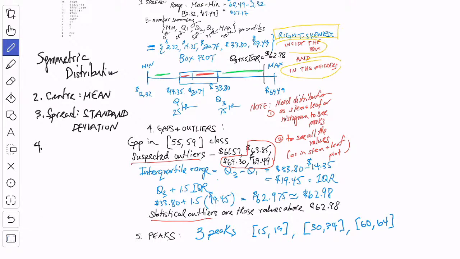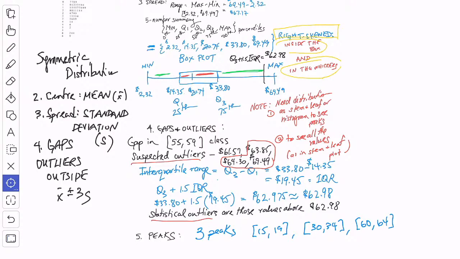For gaps and outliers, you can notice any gaps. For a symmetric distribution, outliers are found outside of x bar plus or minus 3s, where x bar is the mean and s is the standard deviation, which you'll learn how to calculate by watching the videos.